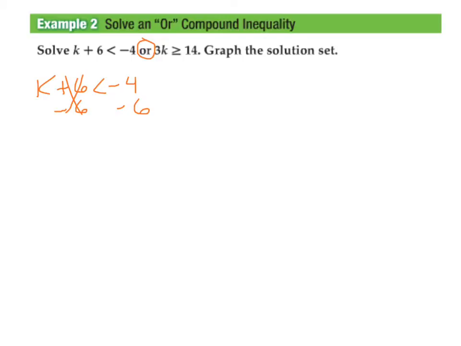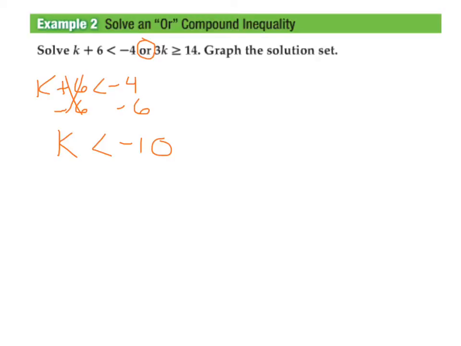Subtracting 6 from both sides leaves us with k on the left. We're going to stick with the less than symbol, and -4 minus 6 is equal to -10. So the first set of solutions is all numbers k that are less than -10.